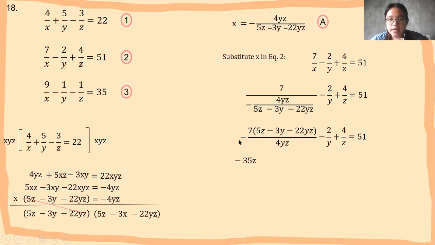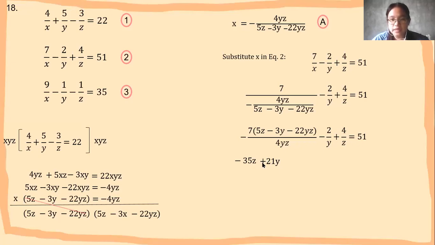And negative 7 times 5z is equal to negative 35z. And negative 7 times negative 3y, we have negative 21y. So I changed the sign in the slides.